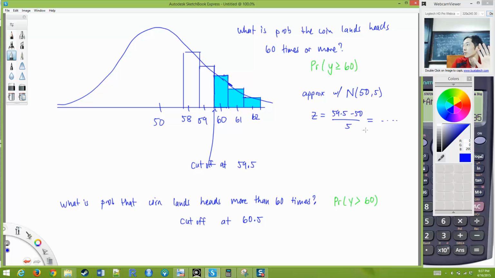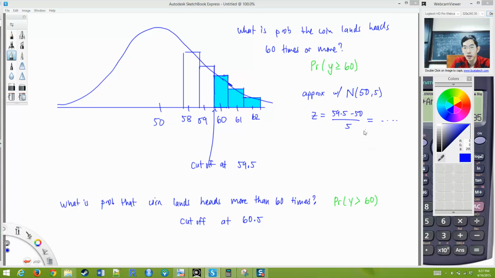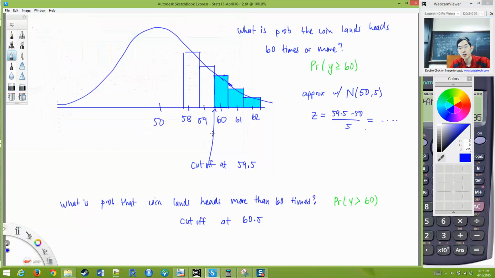Why is it cut off at 0.5? It's 0.5 because 0.5 is half of one discrete unit, okay? So in the discrete distribution, the coin can land heads 58 times, it can land heads 59 times, it can land heads 60 times, okay?